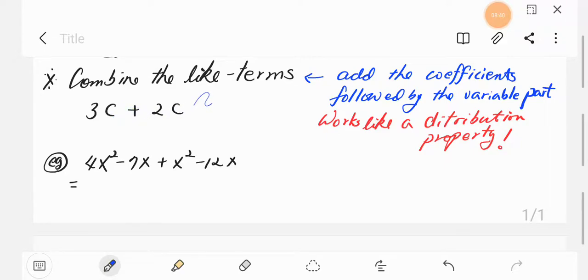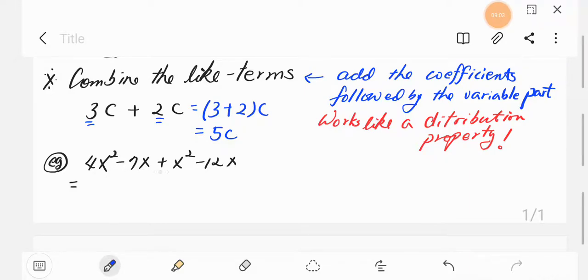So once you combine them, what we do is just add up the coefficients, which are 3 and 2, followed by c. So it will be 5c. Simple. It's really simple.